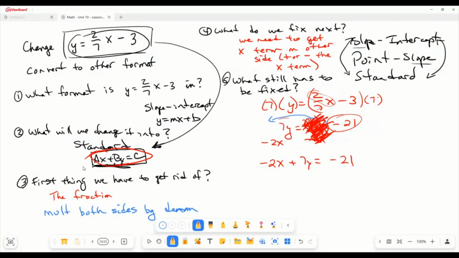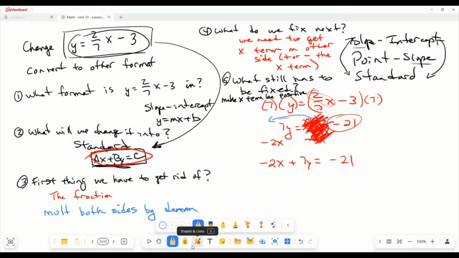Do we multiply negative 1 on both sides? Yes. That negative 2x can't be negative. So we have to make the x term be positive.